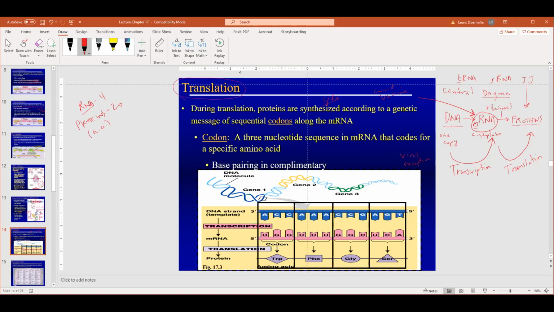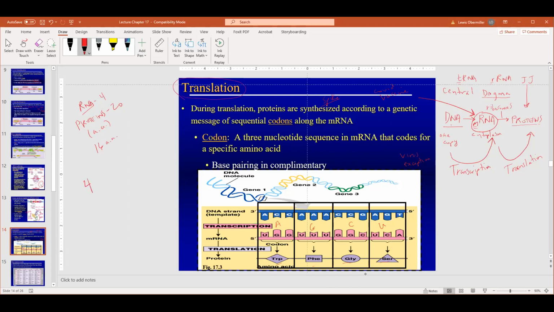Let's just say we assign tryptophan and phenylalanine and glycine and serine, we couldn't code for any other. Let's just say this would be A, and this would be G, and this would be C, and this would be U. We couldn't code for any other amino acids, so we would be missing 16 amino acids from RNA. We would never be able to make a protein with any other except 4 amino acids.